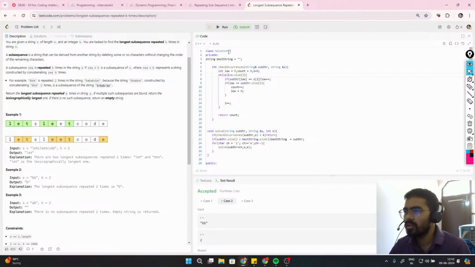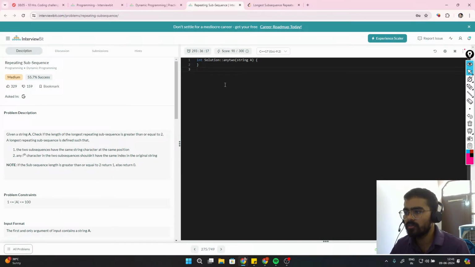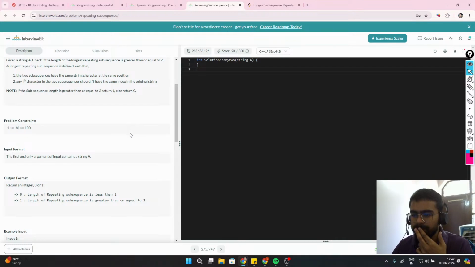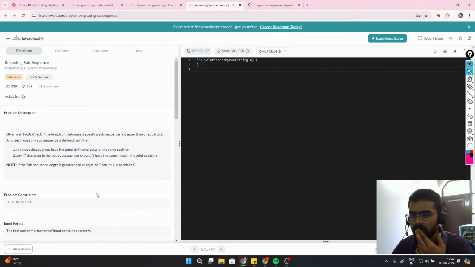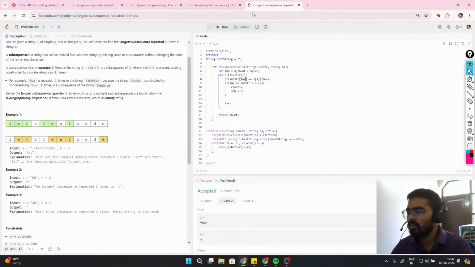This was really good. Now the same question is here. Check if the length of the longest repeating subsequence is greater than or equal to 2.